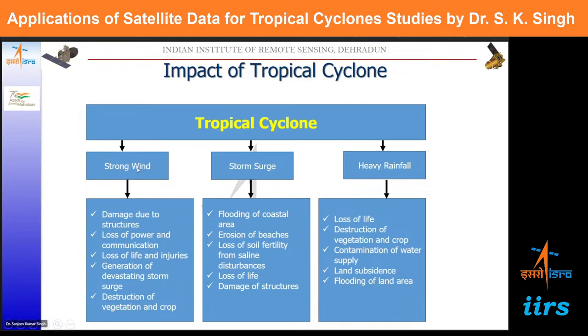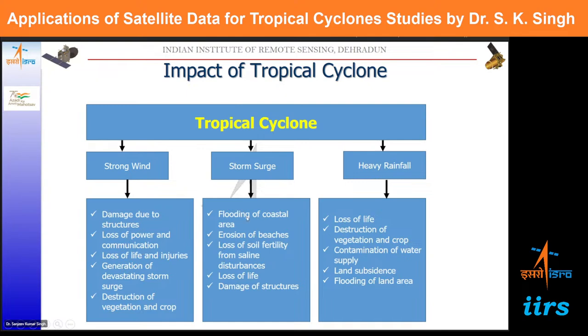Due to the strong wind, there will be damage to structures, loss of power and communication, loss of life and injuries, generation of devastating storm surge, and destruction of vegetation and crops. So due to wind, these many things can happen.